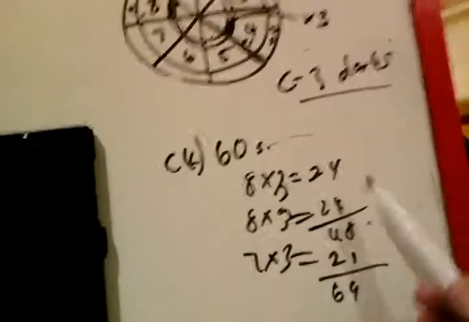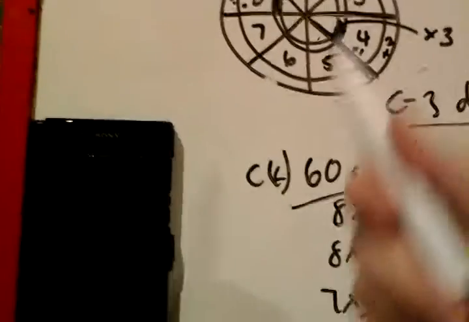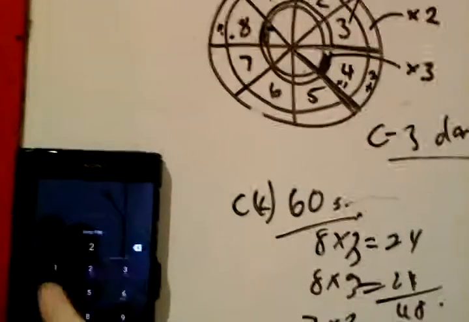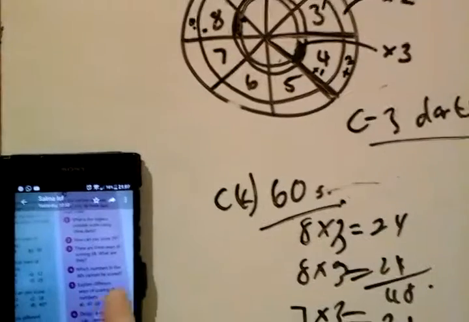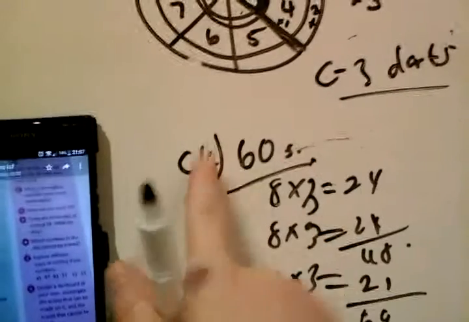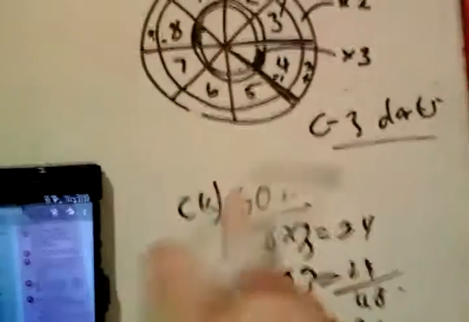I'm sorry. So 69 can be scored. It's just doing so many ways to work out which numbers cannot be made in the 60s. So any number above 60, which number cannot be made above 60?